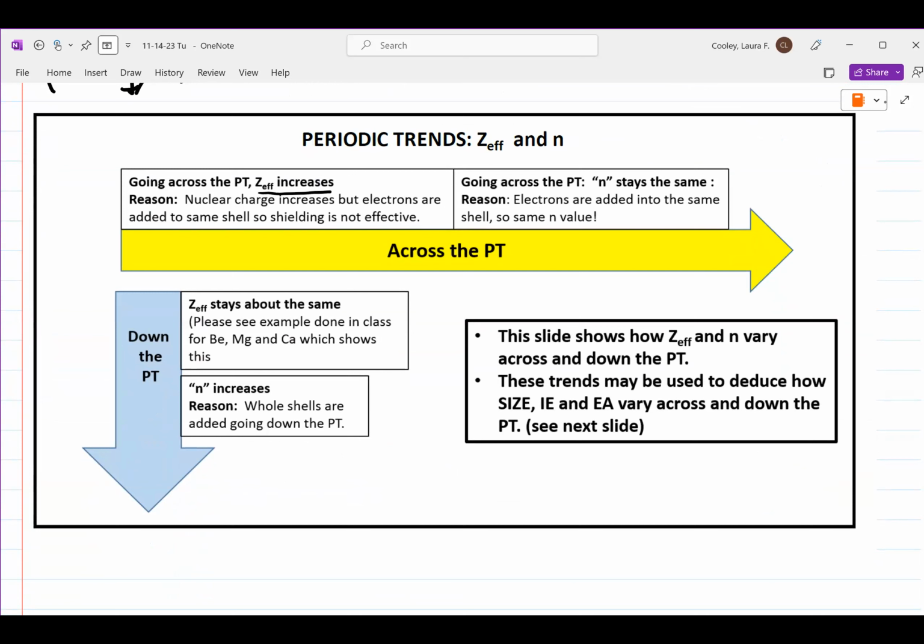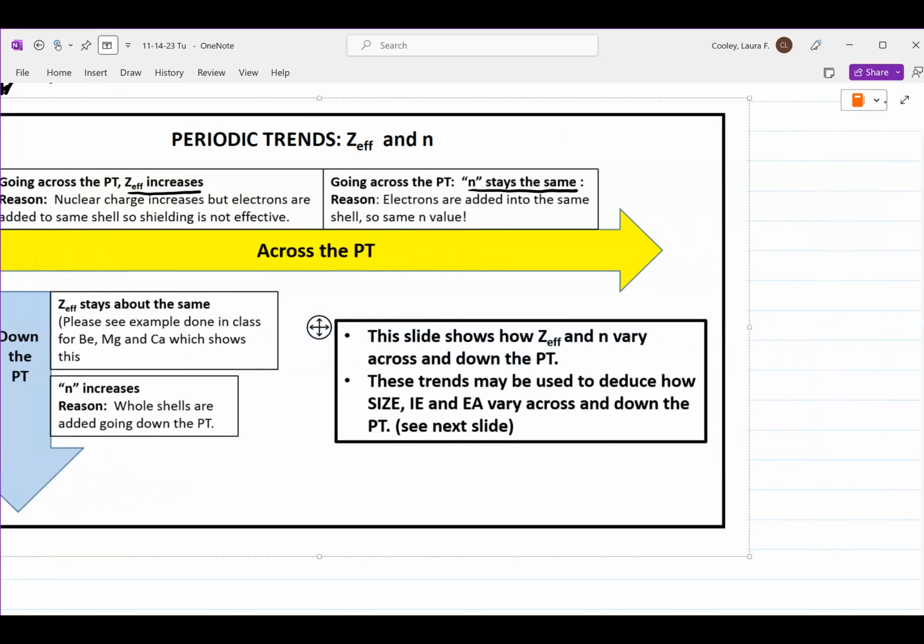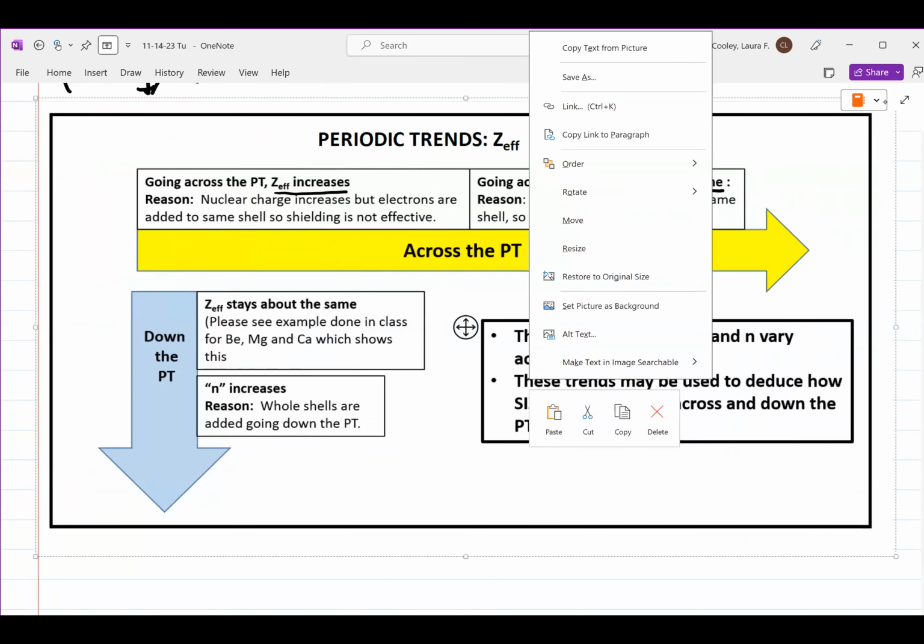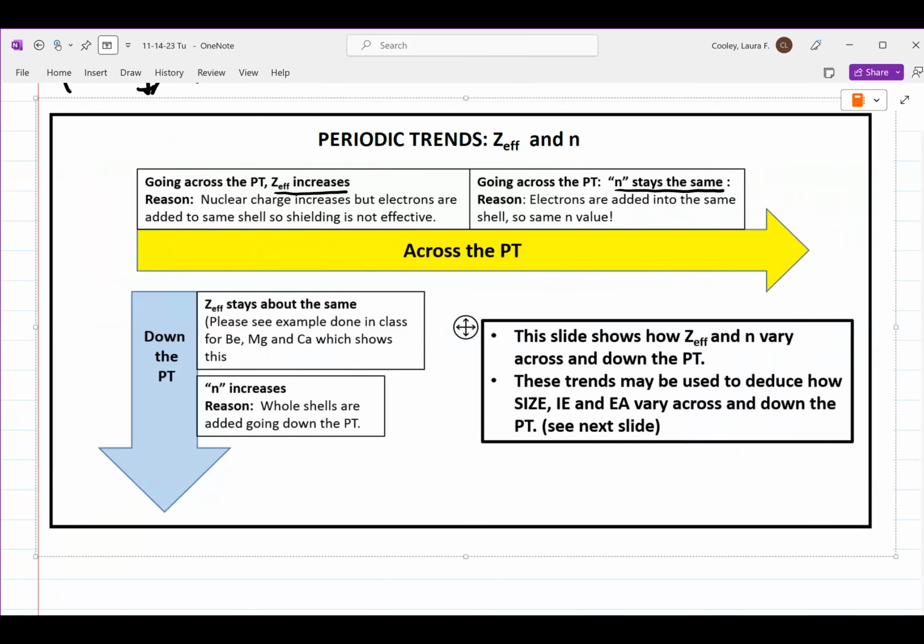The nuclear charge is increasing, but electrons are added to the same shell, so the shielding is not effective going across the periodic table. So Z increases and Z effective increases. As you go across the periodic table, the shell value stays the same. As you go down the periodic table, the Z stays about the same. And you should say, please see activity on Z effective.